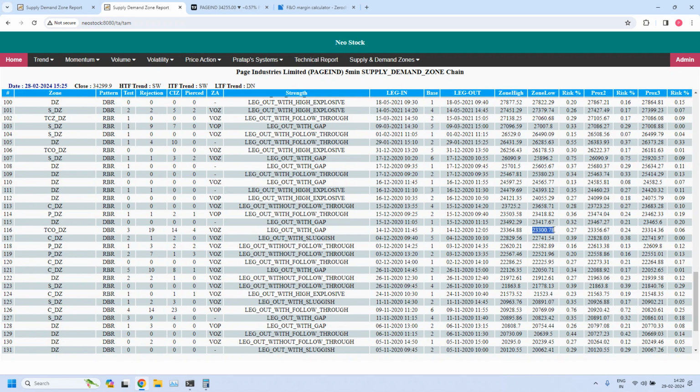But here we have 3300. We have a high liquidity zone, but low priority high liquidity zone. But this is already pierced, so we can't plan on this.